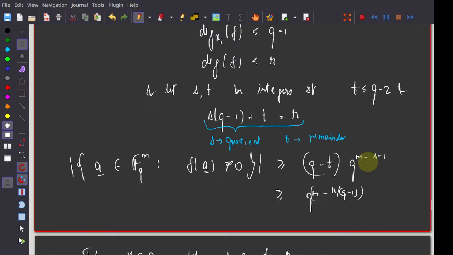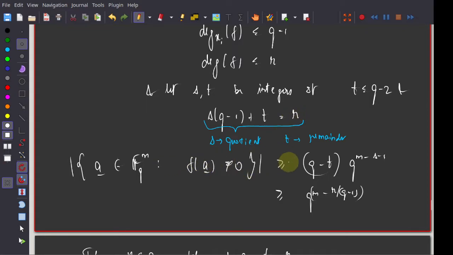correct? So if we take, let's say, a polynomial of degree r, what are s and t? Q is equal to 2, so q minus 1 is equal to 1, correct? And t should be strictly less than q minus 1, less than or equal to q minus 2. So the only choice is t should be equal to 0, or s is equal to r.